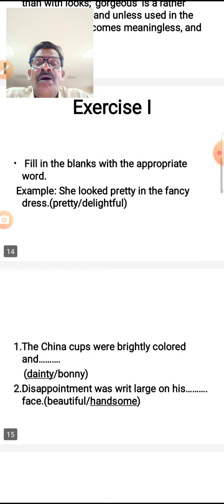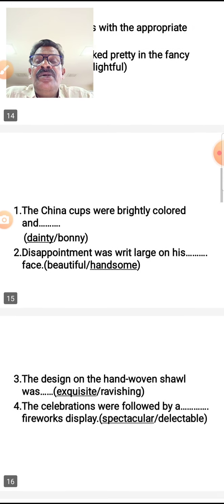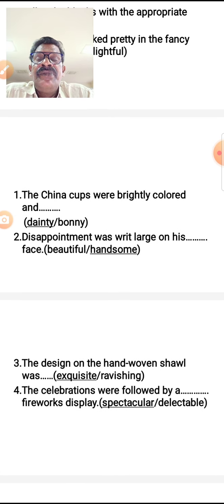So now look at example number 1. The china cups were brightly colored and dainty. Dainty means delicate.